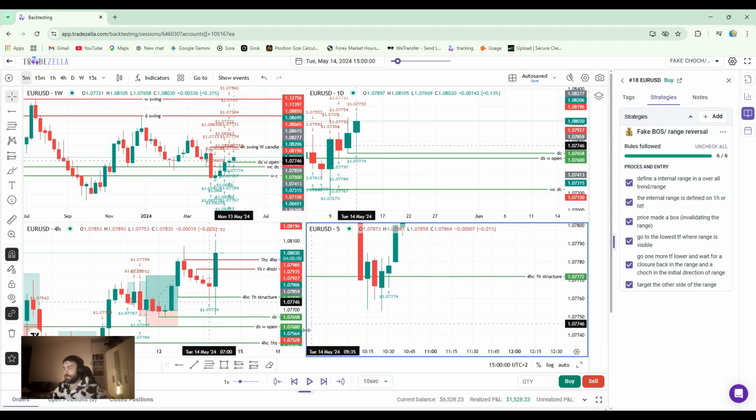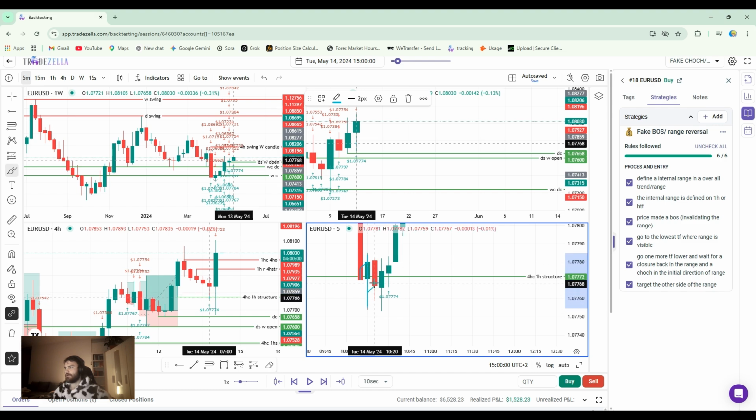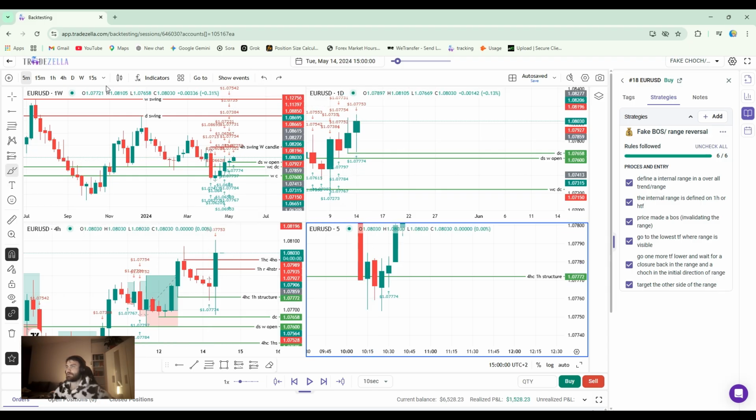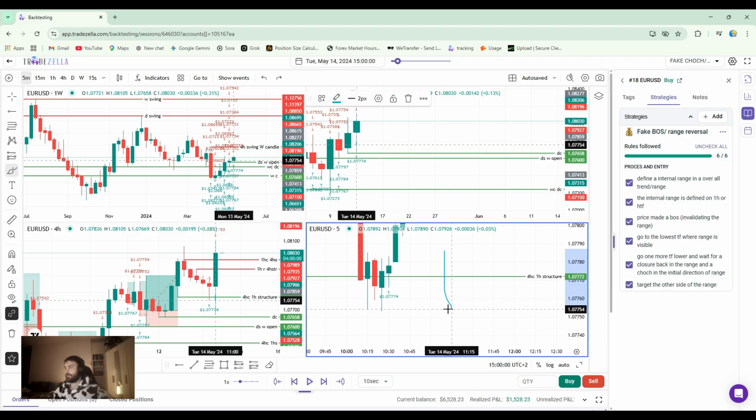If I had to draw it, it would look something like this. It made a high, it made a low, right? It made again a high on this candle. I can show it. So it came, made a low, right? This is the low. Then it went, made a high, this candle. Then basically it came again all the way down here.